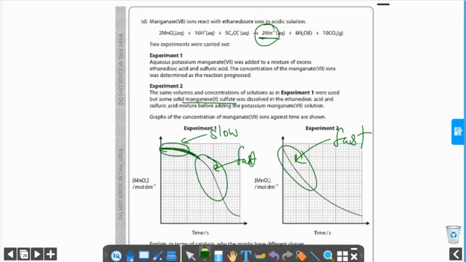In experiment 2, the catalyst is present from the beginning. So the drop in the concentration of permanganate is greater.